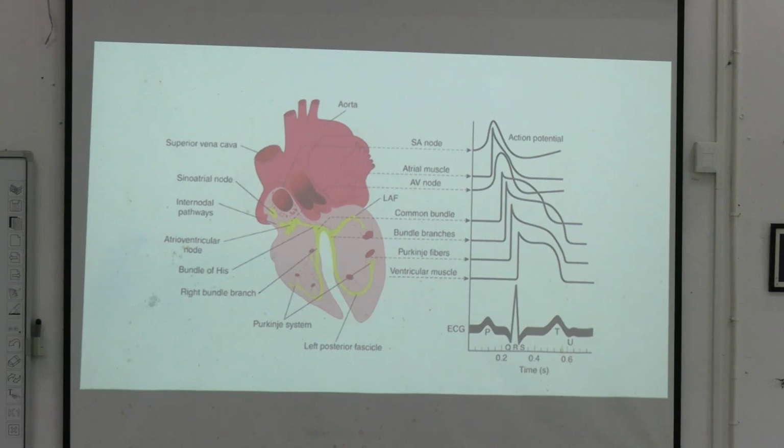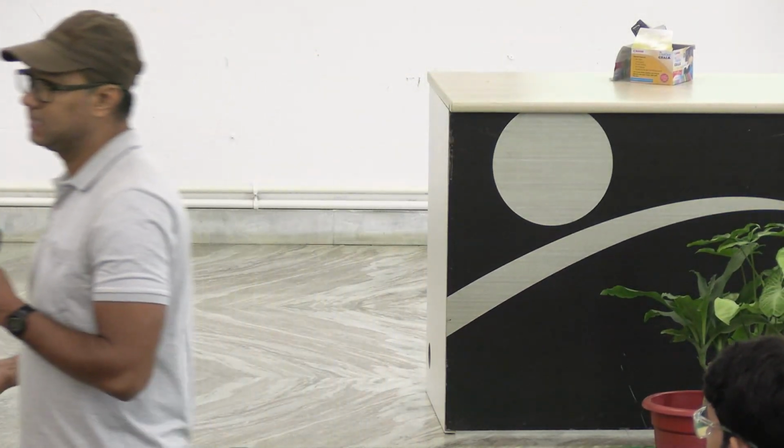Action potential travels in your heart, and externally we record it as ECG, right? And with the help of this, we can detect many rhythm disturbances, acute coronary syndromes or heart attack, or electrolyte abnormalities from an ECG, right?